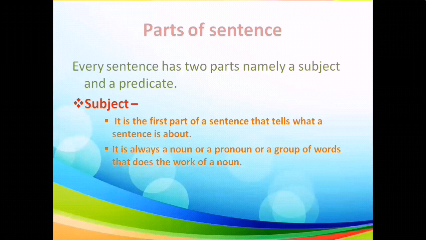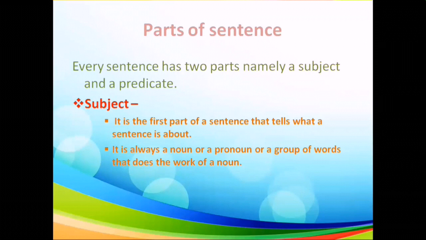Now we are going to learn about the parts of a sentence. Every sentence has two parts, namely a subject and a predicate. Subject: it is the first part of a sentence that tells what a sentence is about.